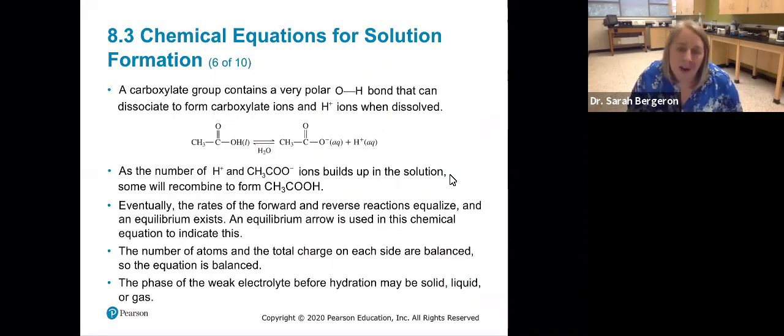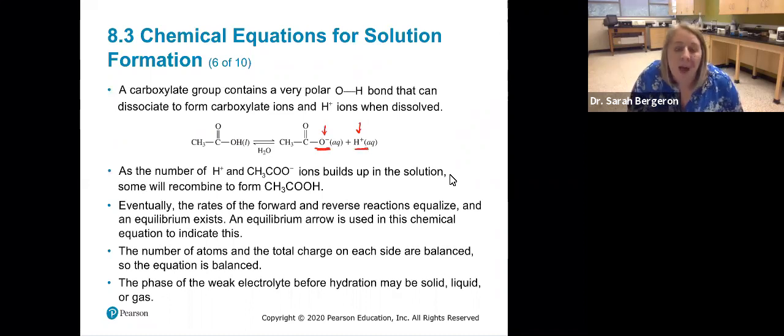So our carboxylic acid has our really, really polar hydroxyl. We've talked about that. That can participate in hydrogen bonding. And so when that dissociates and it forms our carboxylate ions, we end up with a negative charge here, and we end up with a positive charge on our free hydrogen. So we call those hydrogen ions.